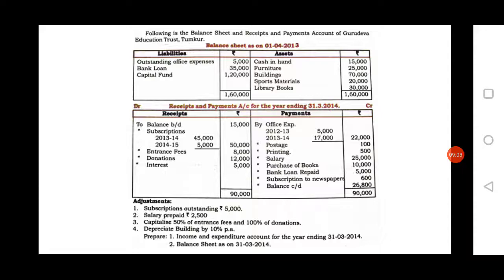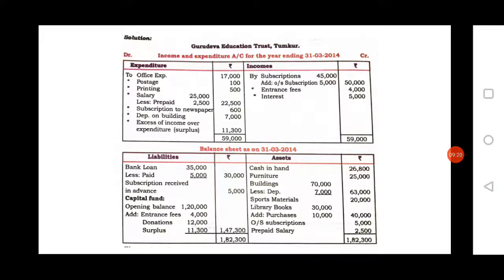That is the opening balance of library books. On the payment side they have given purchase of books 10,000. That means that is an additional purchase of the current year. Therefore, on the asset side for library books 30,000, you have to add the current year's additional purchase of books 10,000, then you will get 40,000.